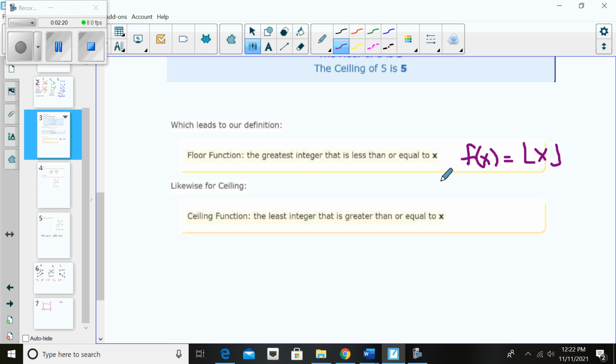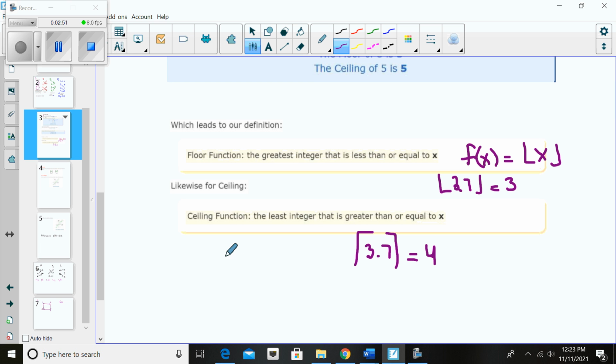So if I asked you to find the floor of 3.7, the floor of 3.7 is 3. The ceiling of 3.7, just like absolute value, but the bars come in at the top, the ceiling would be 4.